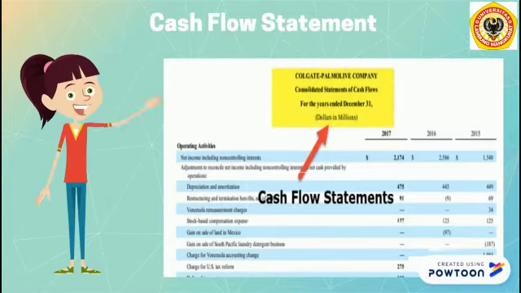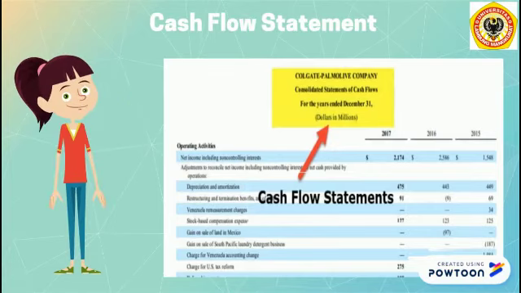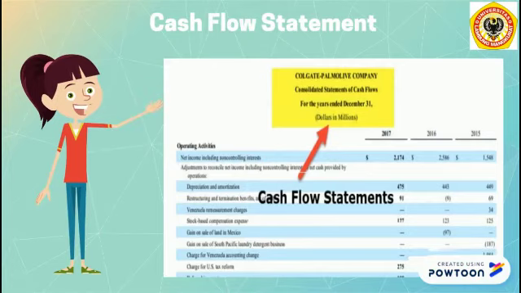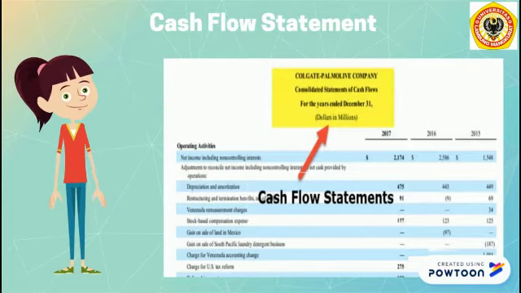There are three sections in the cash flow statement: cash flow from operating activity, cash flow from investing activity, and cash flow from financing activity. 1. Cash flow from operations is the cash generated from the normal operation of the business. 2.